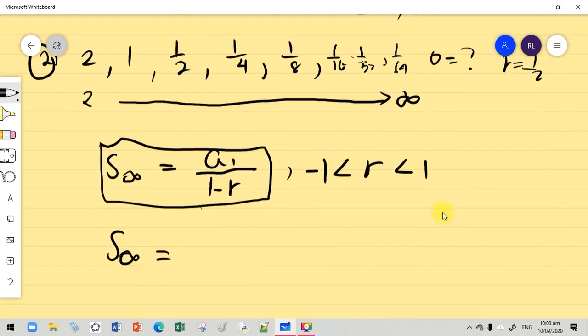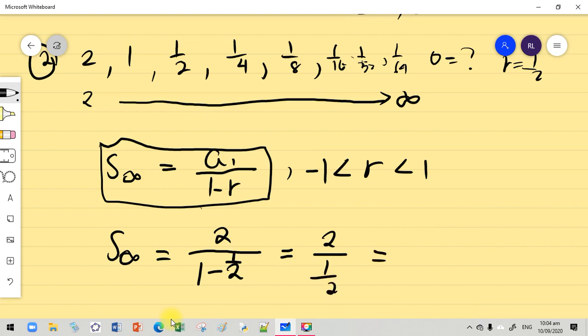We need a sub 1, which is 2, over 1 minus 1/2, because 1/2 is our common ratio. So we have 2 over 1/2, since 1 minus 1/2 is 1/2.